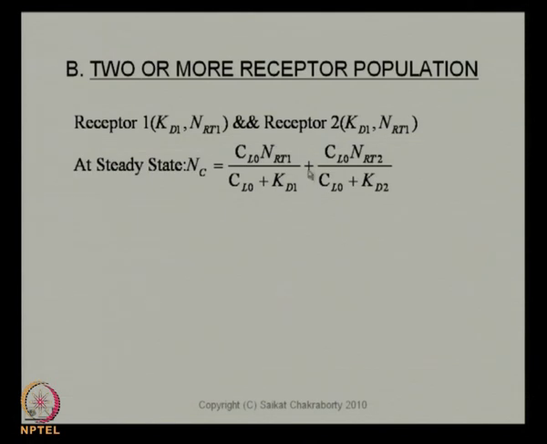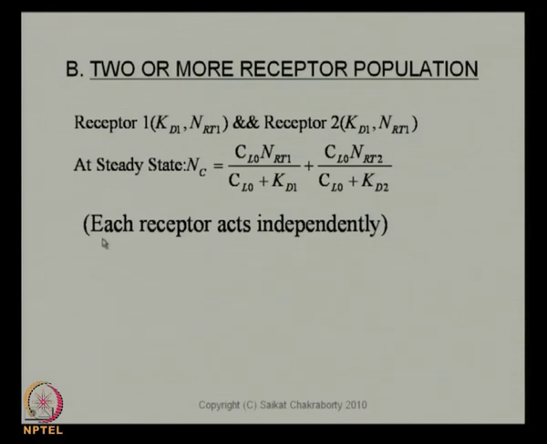The first term you find here, NC = Cl0 nRT1 over Cl0 plus Kd1, is the amount of ligands binding to receptor 1, and the second term, Cl0 nRT2 over Cl0 plus Kd2, is the amount of ligands binding to receptor 2.